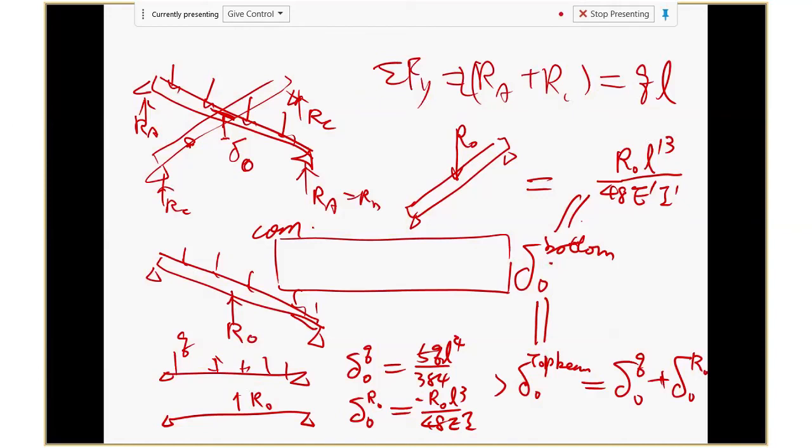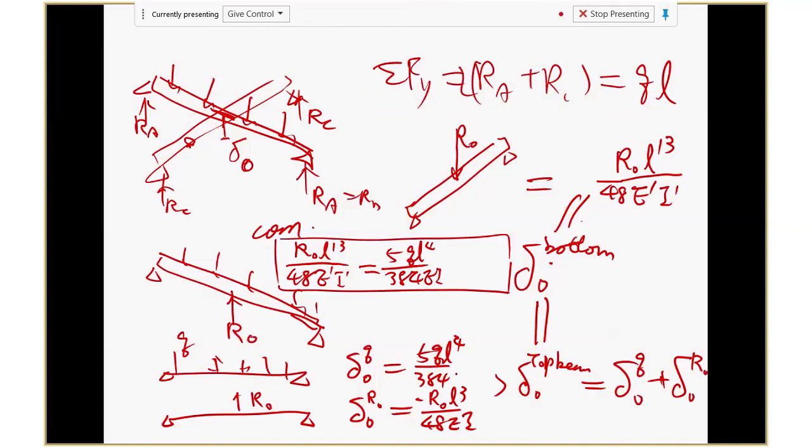Okay, so let's just copy the equation then. How much the bottom beam moves will be R0 L prime cubed over 48 E prime I prime, right? Okay, how much the top beam moves at that point? You have 5 q L to the fourth over 384 EI.